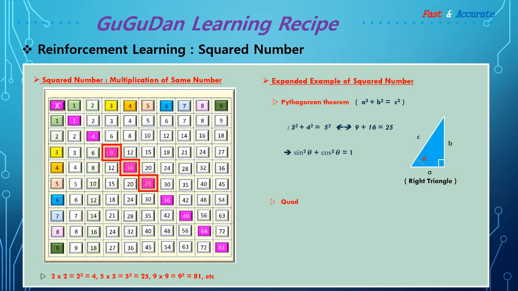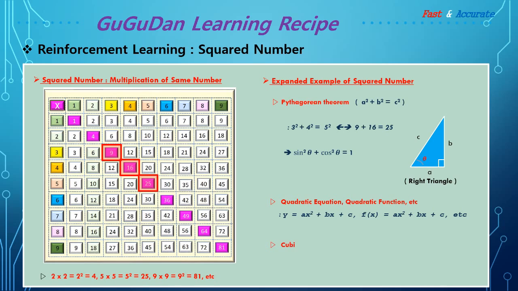Next, among equations and functions made from combinations of the letters a, b, c, f, g, etc., unknowns x, y, etc., quadratic equations and quadratic functions, etc., which include x times x, are also examples of expansion of the squared number. y equals ax squared plus bx plus c, f(x) equals ax squared plus bx plus c are common expressions of quadratic equations and quadratic functions.